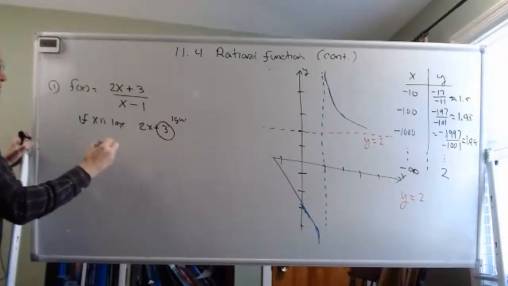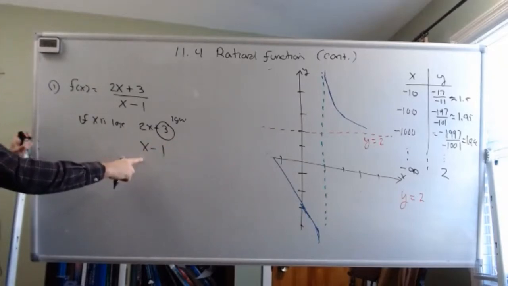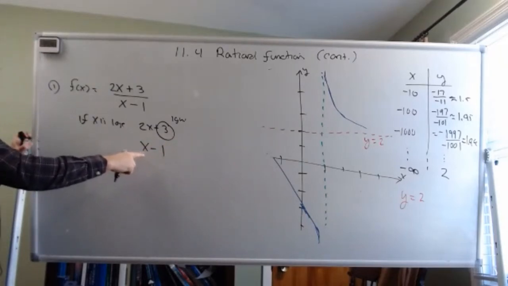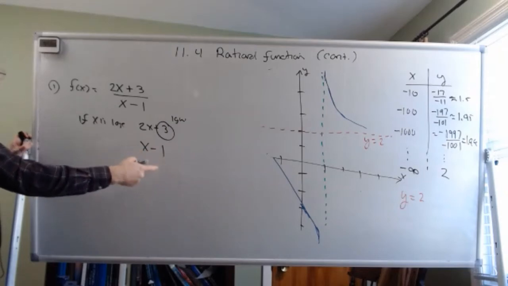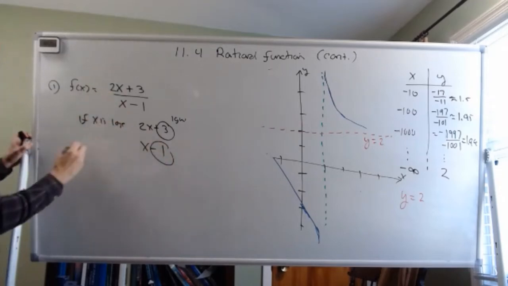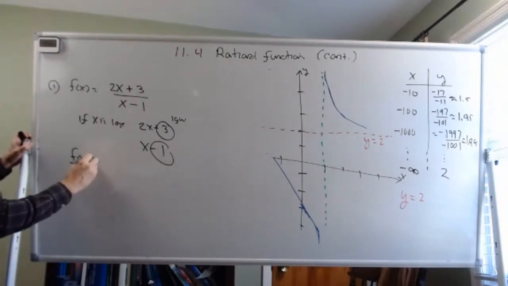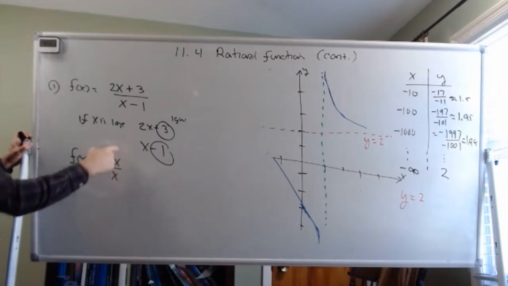Same thing over here. If I have x minus 1, and x is 1,000,000, so minus 1, 999,999 versus 1,000,000, that doesn't really matter. So we can ignore that. So this expression, f of x, when x is large, looks a lot like 2x over x.